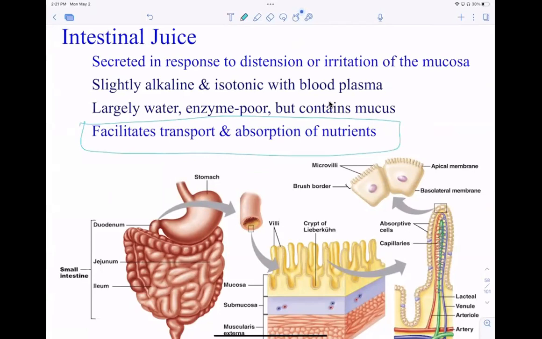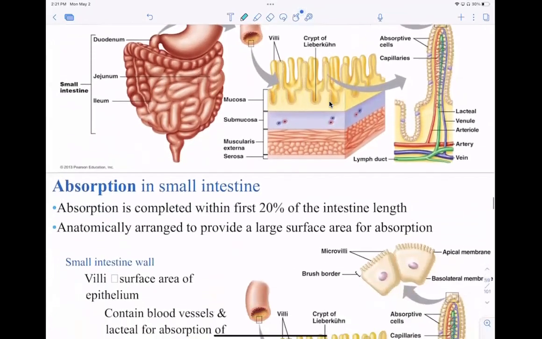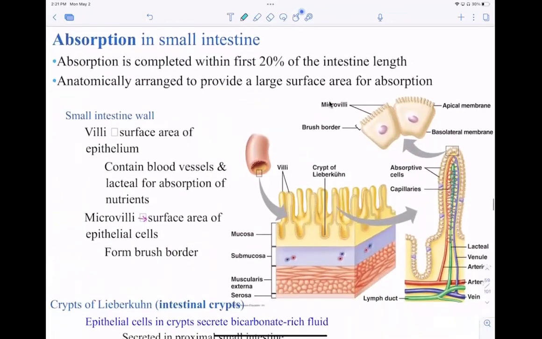And so once chyme enters the small intestine, the duodenum, it distends it or irritates the mucosa, and basically it's going to then facilitate intestinal juices to be secreted. And that helps move things through the small intestine.